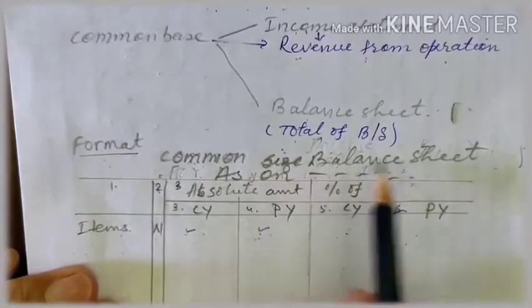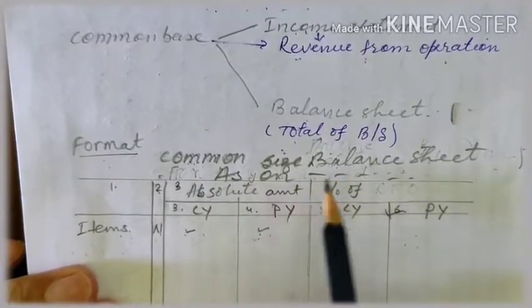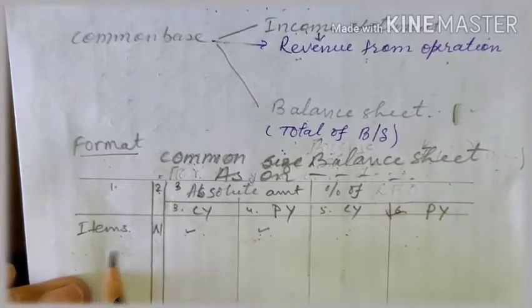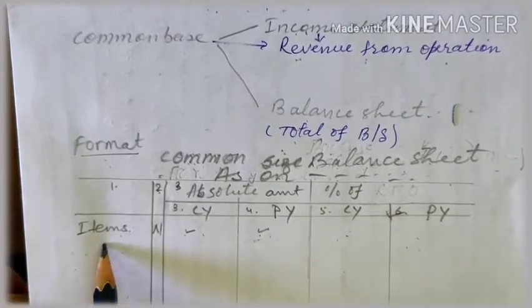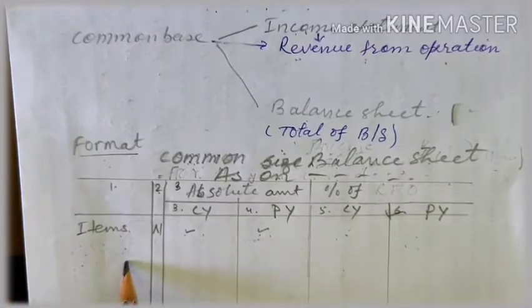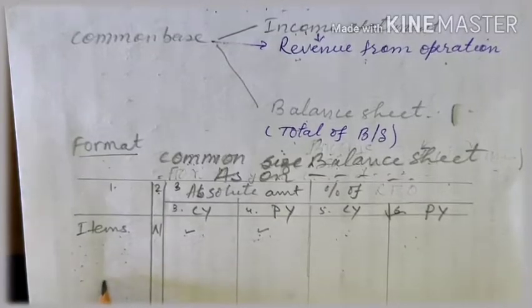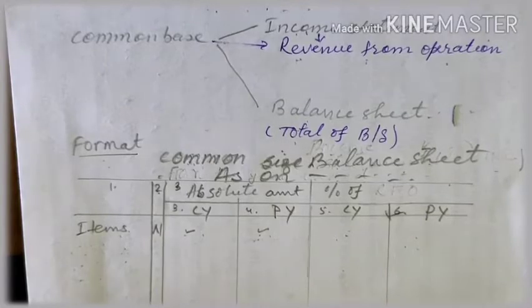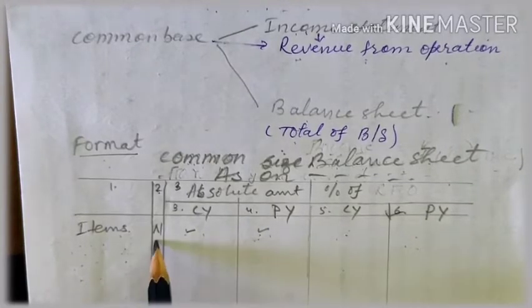Now common size balance sheet as on dash dash dash. Again, first here you got to write down the items of the balance sheet. What are the items? Like shareholders' fund, reserves and surplus, long-term liabilities, then assets. All these items will be written in this column. If there are any working notes, the note number here.